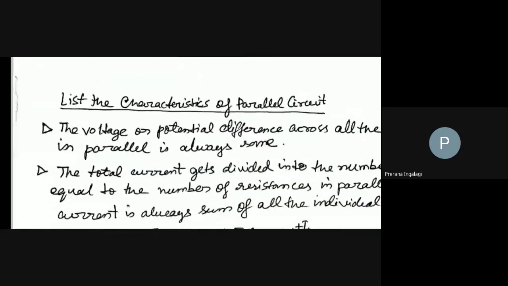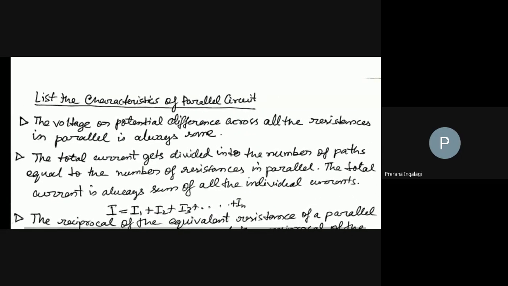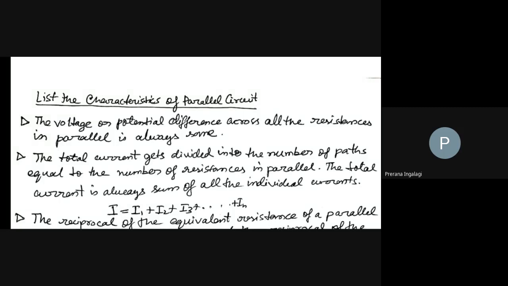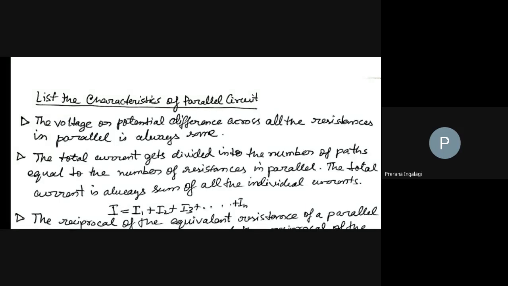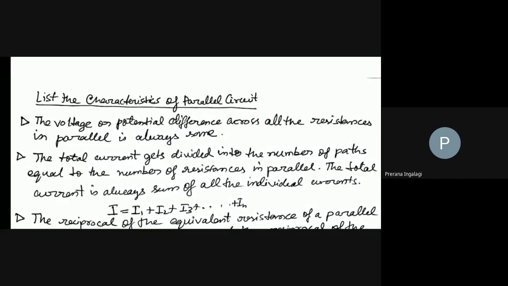Let us go through the list of characteristics. In case of a parallel circuit, the voltage or potential difference across all the resistances is the same. In a series circuit, it was the current that was the same. In a parallel circuit, it is the voltage that is the same.